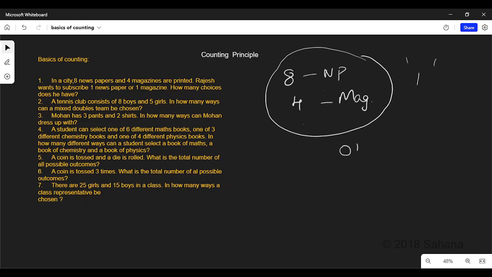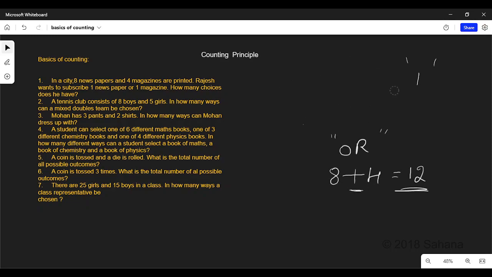Since it is or, as I mentioned earlier, we need to add all the options. So 8 types of newspapers and 4 different magazines, so the number of choices he has is 12. You got the point? Since it is or here, we are adding all the possibilities.